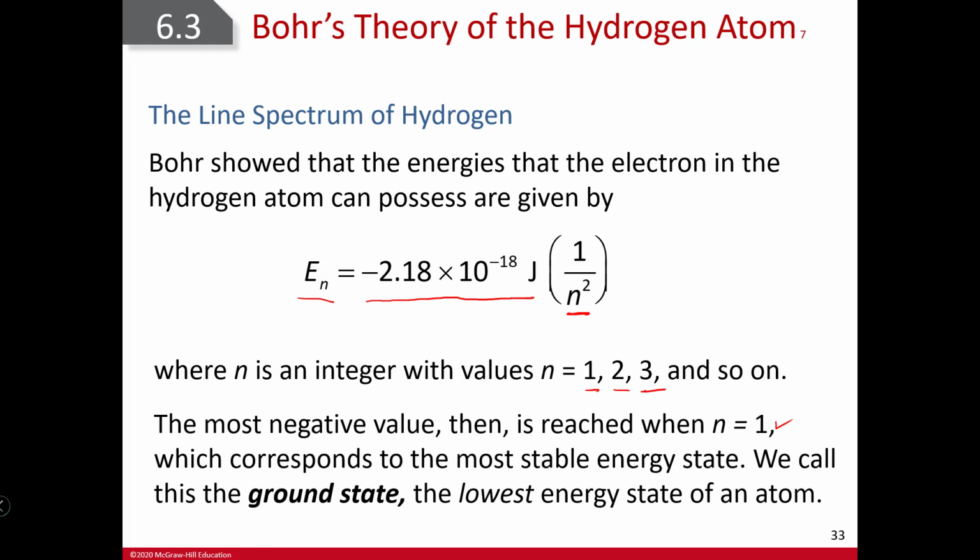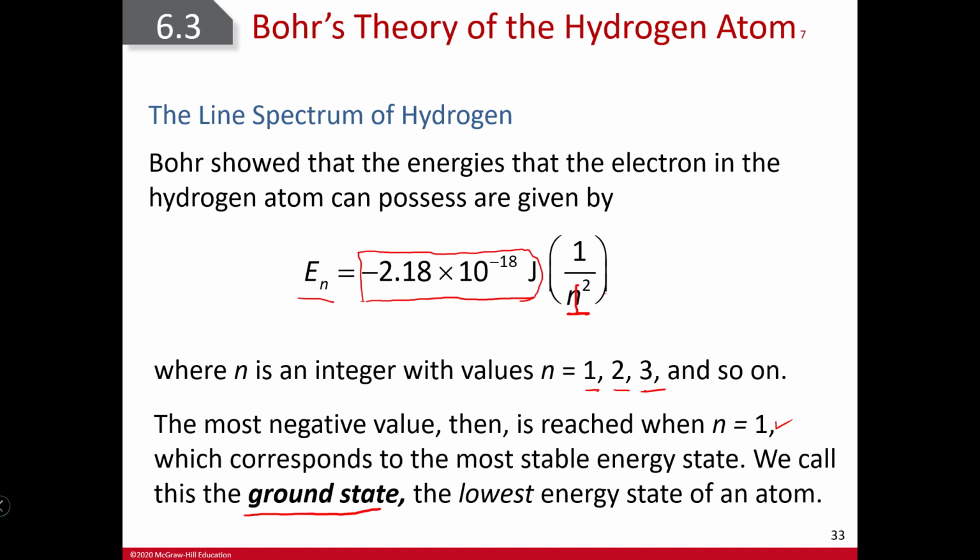Here's something to remember: the more negative the value in energy, the more exothermic. We don't really know about that yet, so we'll just say the more negative the value, the lower the energy. If I put a 1 in here, I get this value, and that's the most negative this number is going to get.